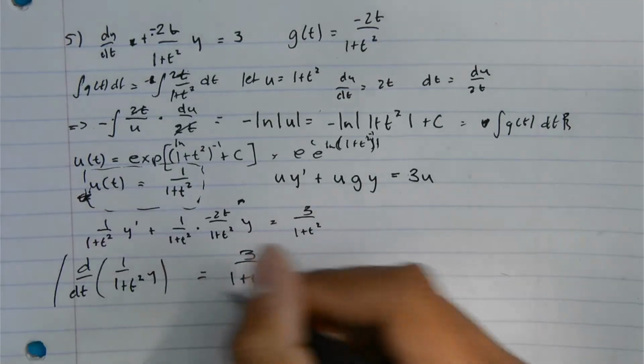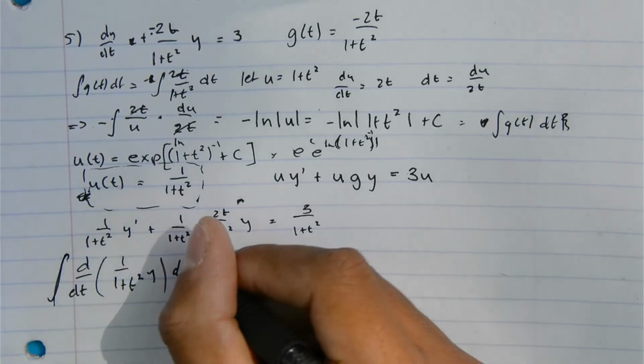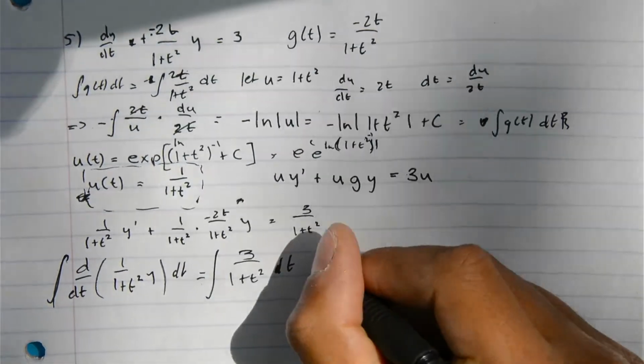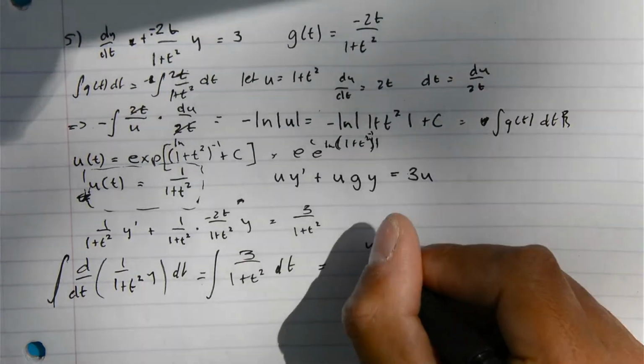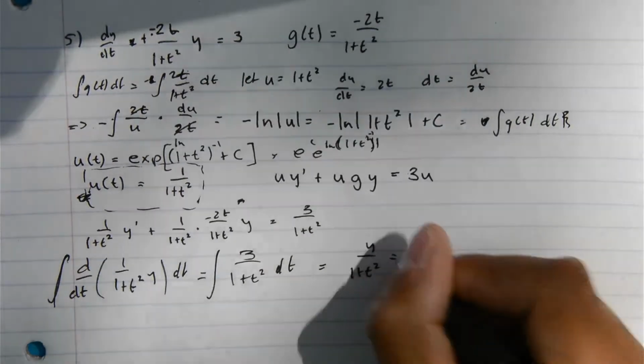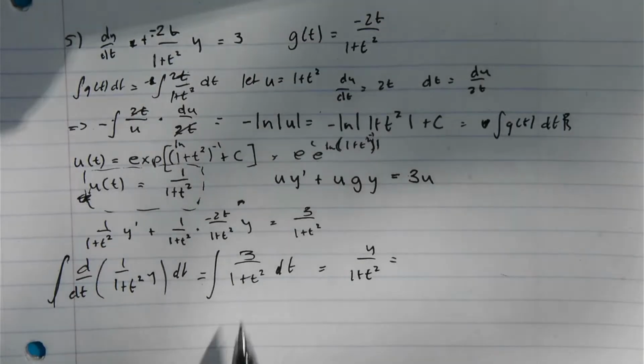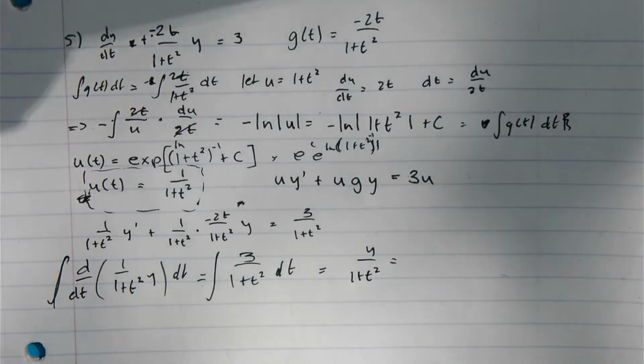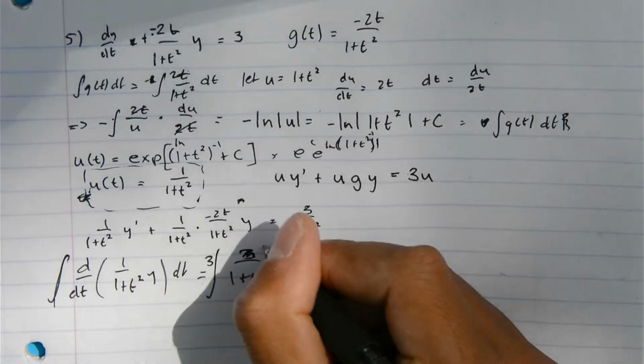And so then we integrate dt. This is going to be equal to y over 1 plus t squared is equal to, and then this integral is 3 over here with a 1 here.